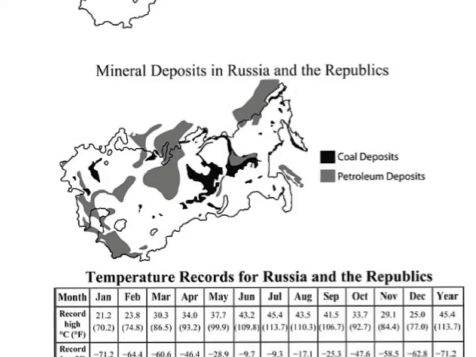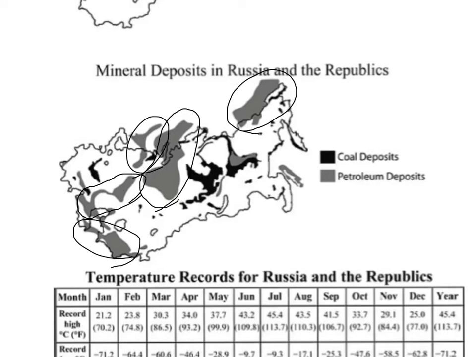So as we look at the petroleum products, we see a lot up here in the Arctic areas. We have a whole bunch over here in Russia, and most of this is in Russia. Over here, we have deposits of oil and gas in Turkmen, also Kazakhstan and Uzbekistan.